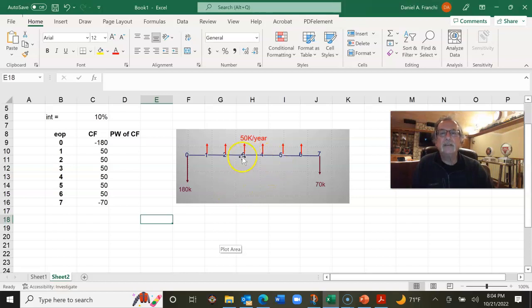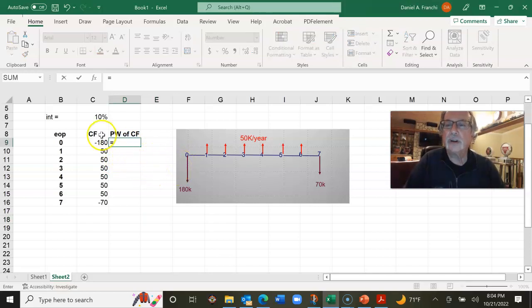So here is the cash flow stream. Let's look at the present worth of the cash flow stream. So we're going to use P equals F over 1 plus I to the n. I'm embedding it into the formula.